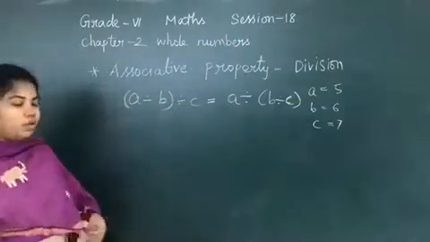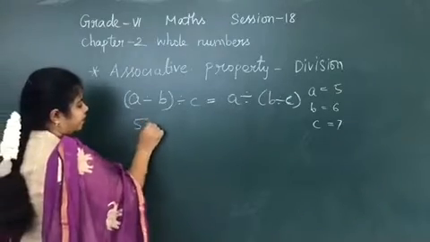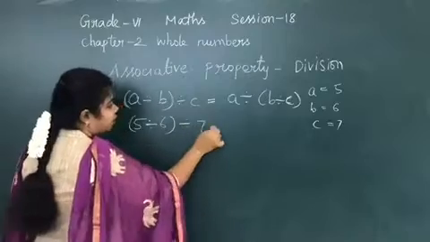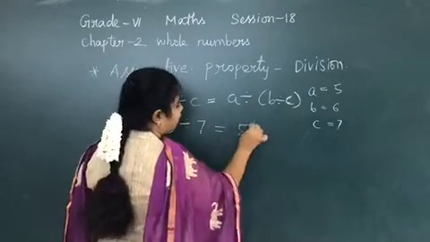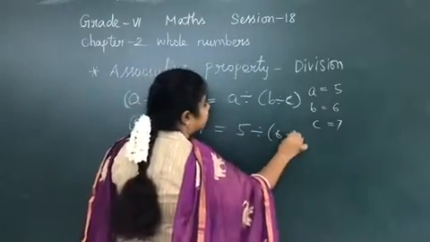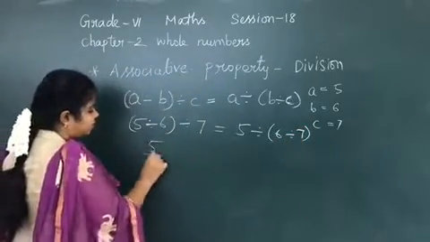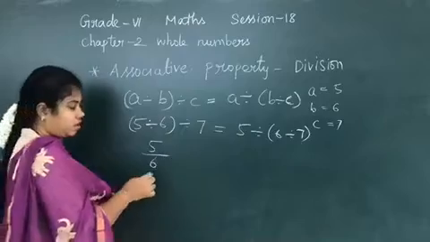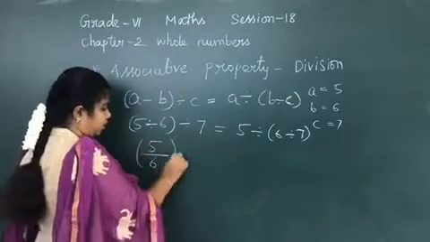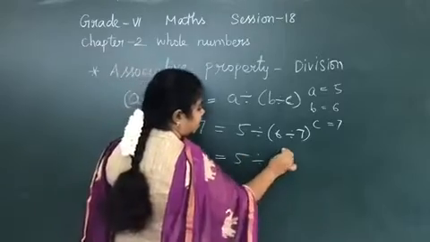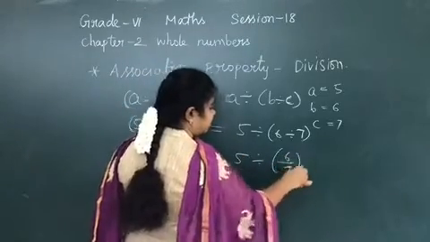Okay, now the same thing, 5 divided by 6 divided by 7, which is equal to 5 divided by 6 divided by 7. Okay, now this can be written as 5 by 6, right? Yes, so this should be divided by 7, which is equal to 5 divided by 6 by 7.